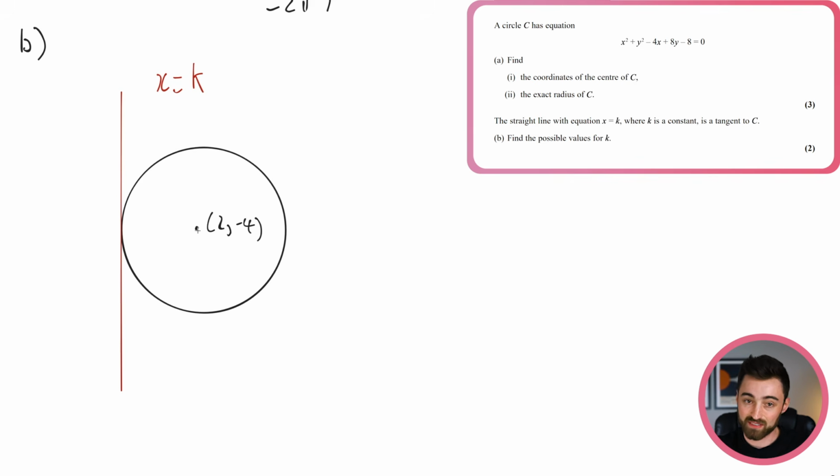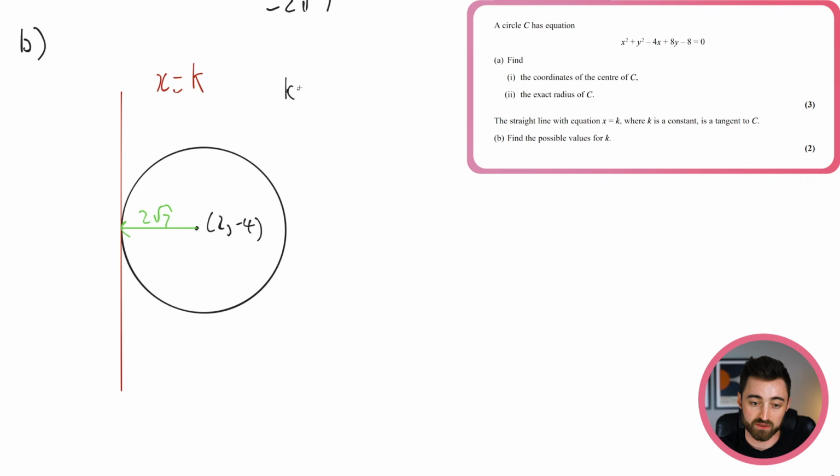For this possibility, what would the x-coordinate of this be? It's not that difficult to work it out, because I know the x-coordinate of the centre, and I know the radius. The radius is 2 root 7, isn't it? So what would the x-coordinate of this be? Well, if this is 2, this is going to be 2 minus 2 root 7, right?